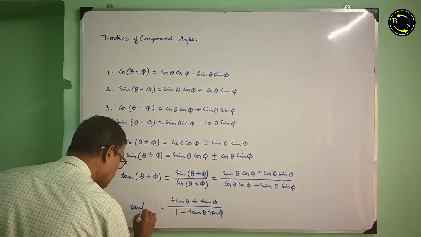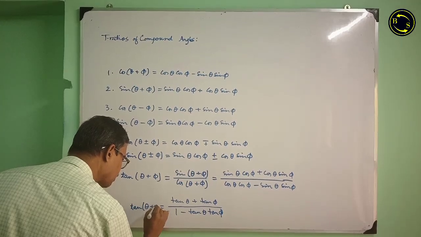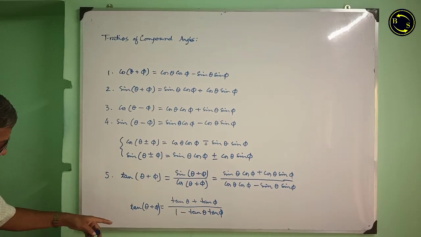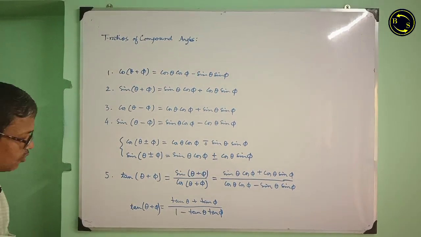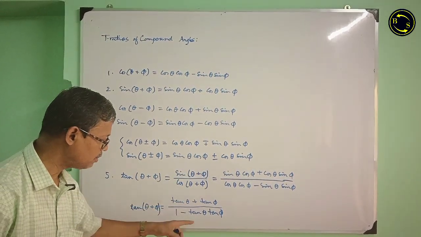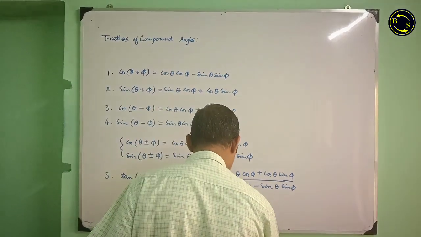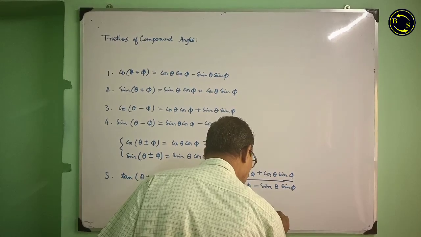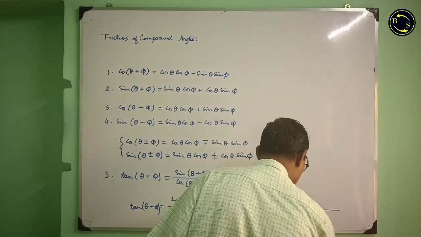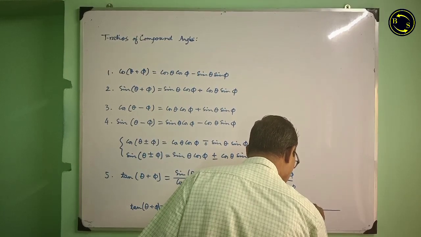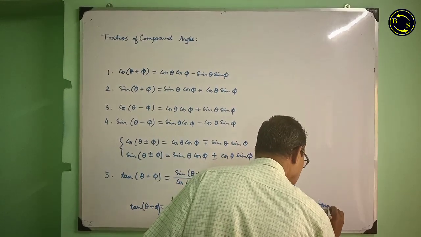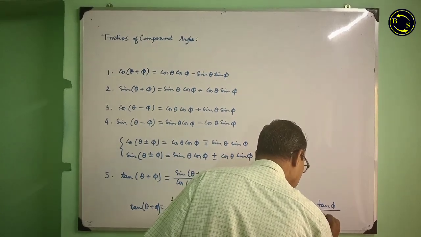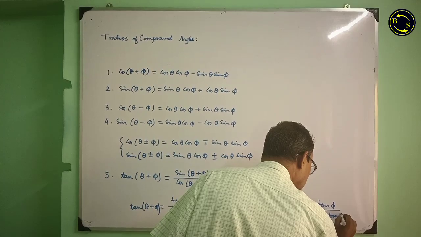Tan of theta plus phi. Similarly, we can reduce tan of theta minus phi, that will be tan theta minus tan phi divided by 1 plus tan theta tan phi. Tan of theta minus phi will be equal to tan theta minus tan phi over 1 plus tan theta tan phi.